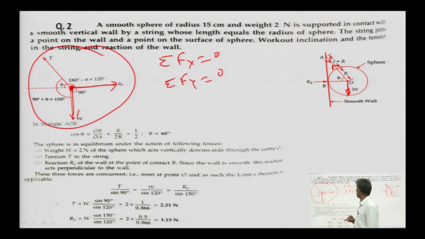With the help of the equilibrium equations, sigma Fx equal to 0, sigma Fy equal to 0, we can calculate R b and the value of T. Two unknowns, two equilibrium equations, we can calculate very easily. For sigma Fx, we need to resolve the components along horizontal and vertical.